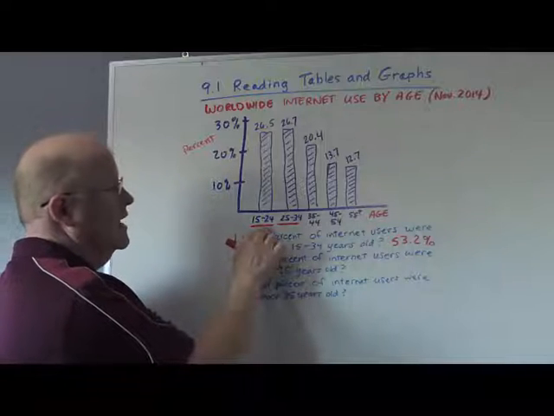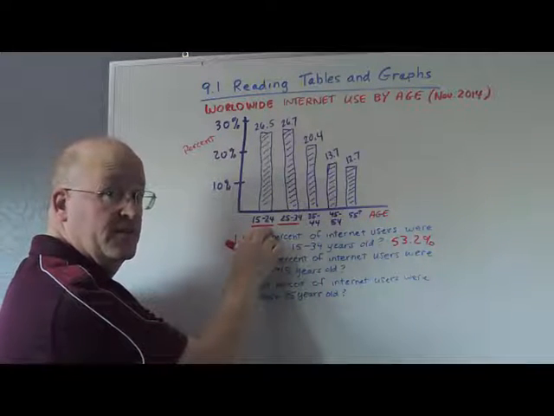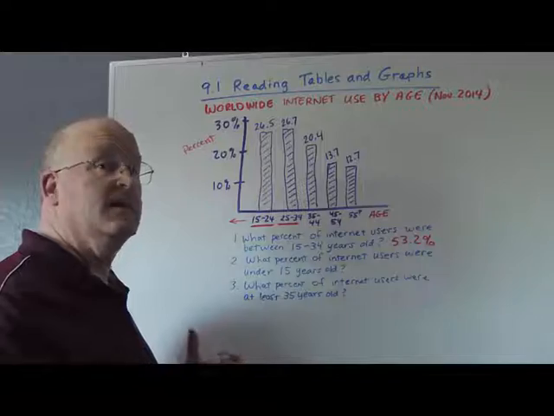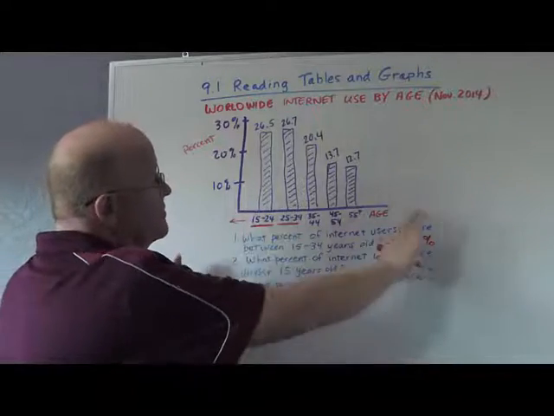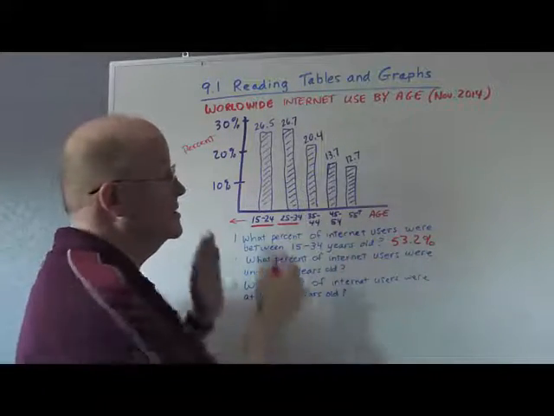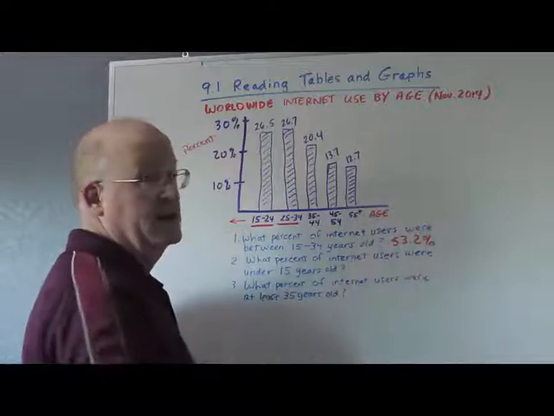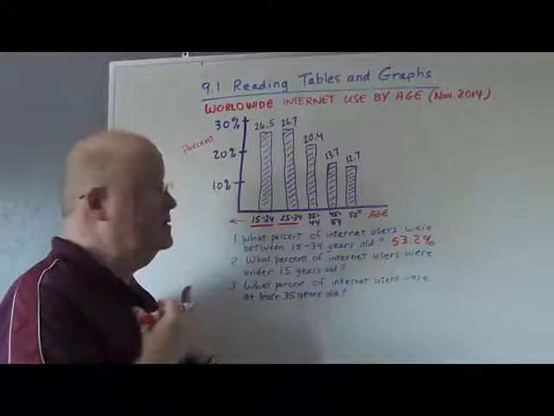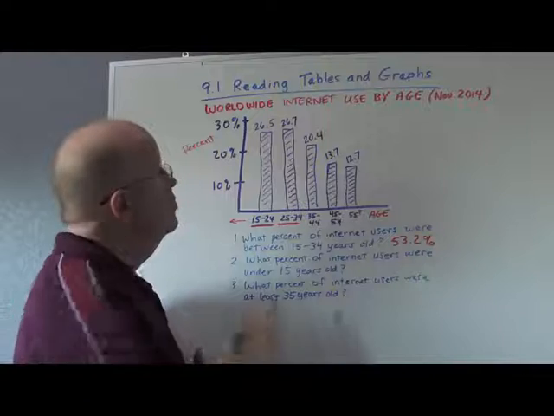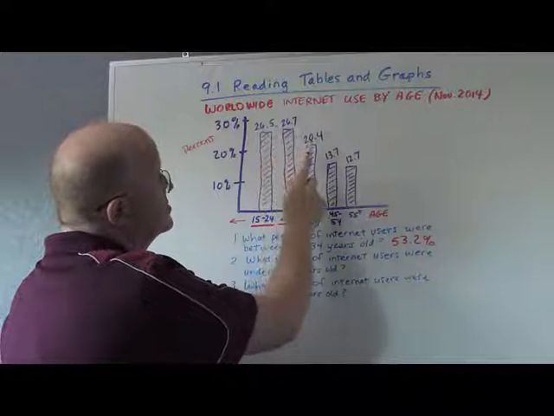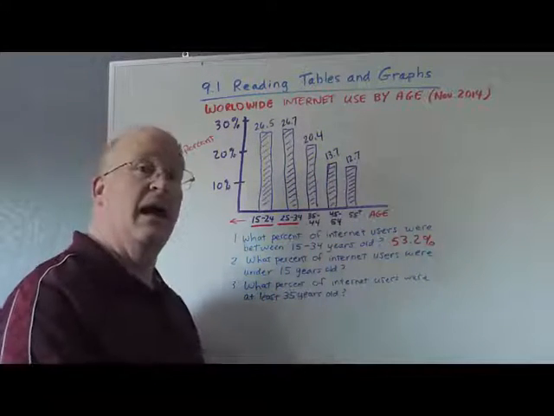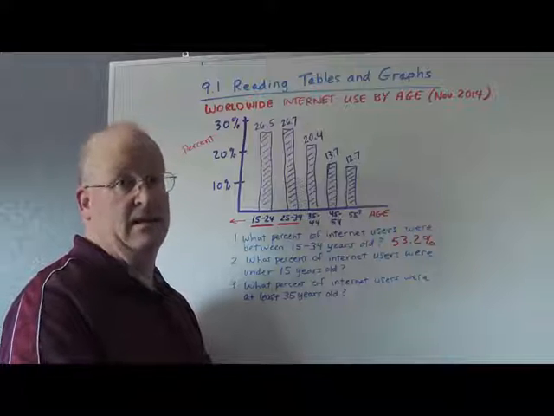The next question asks, what percentage of internet users were under 15 years old? Well, our first category, our class, starts at 15 years old. So basically I need to see what percentage of the world population is accounted for with the given data, and what's left would be under 15 years old. Well, if I add up these percentages going across the top there, it's going to add up to 100% exactly.